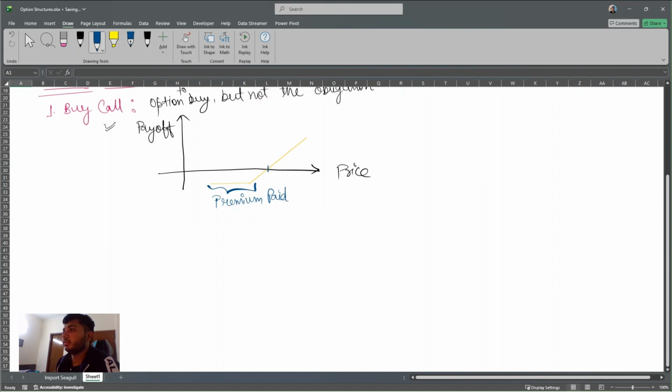This is the break even, and this section will be the profit that you're going to have.